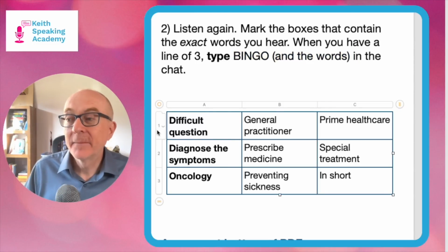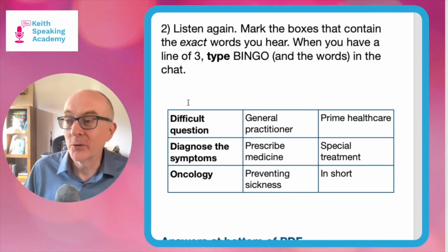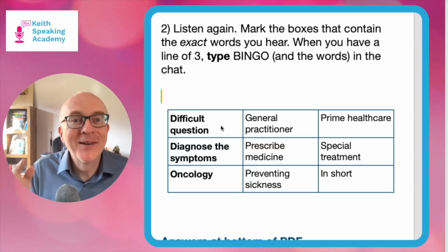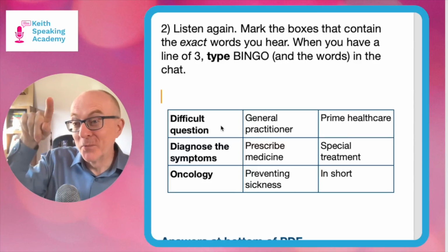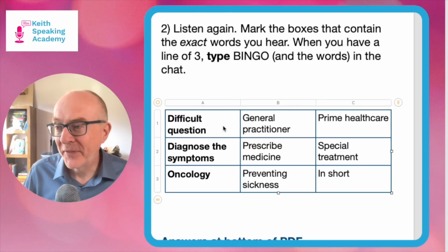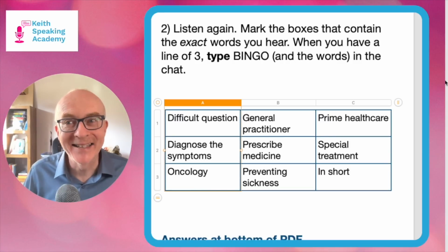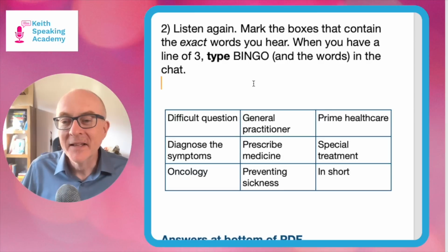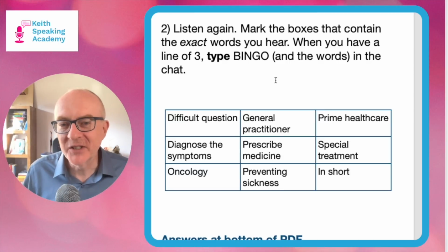It can be diagonal, it can be horizontal, vertical, or diagonal. Me and maths, horizontal, vertical, or diagonal. Okay, just give me a quick thumbs up when you're ready to listen again.